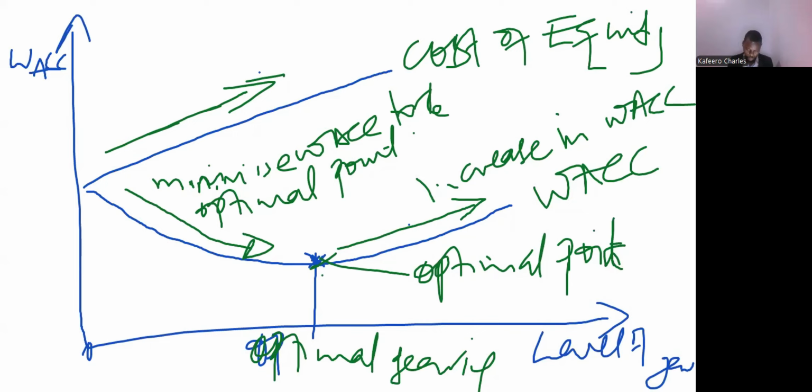Now, for debt, we want to keep it lower, below. We can keep it somewhere here, a little bit constant, and we say this is our debt, the cost of debt.